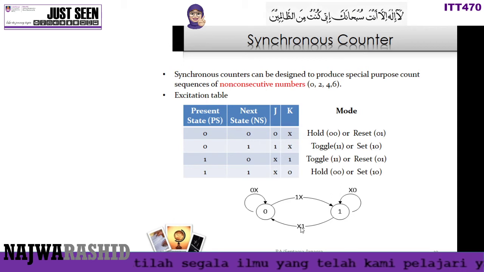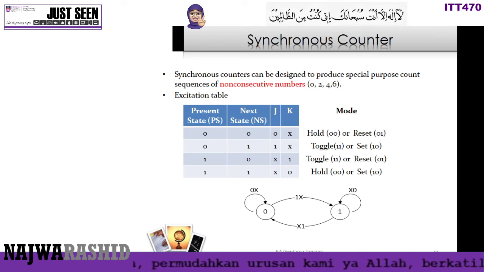If X equals 0, that means 0, 1, and 0, 1 is reset. So if the current state is 1, it will go to state 0. Next, if X equals 1, that means 1, 1, and 1, 1 is toggle. If the current state is 1, toggle, it will go to 0.